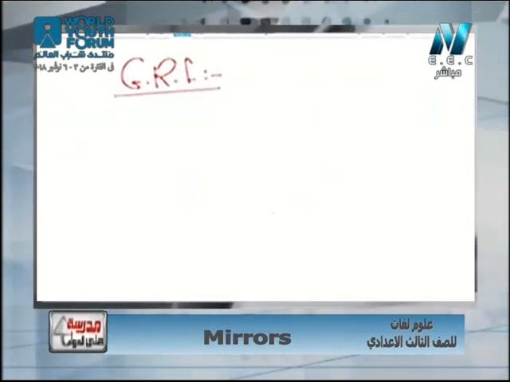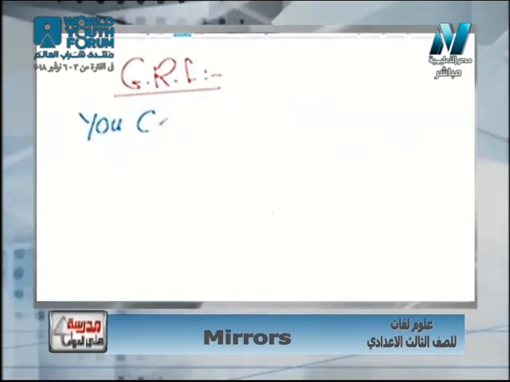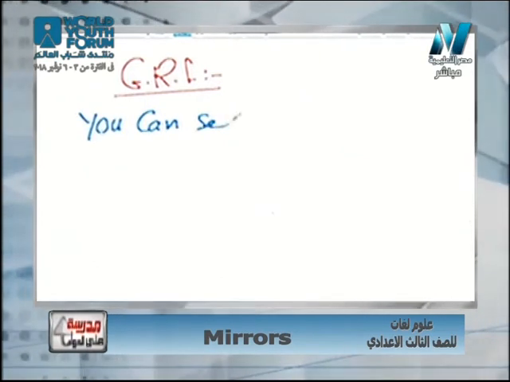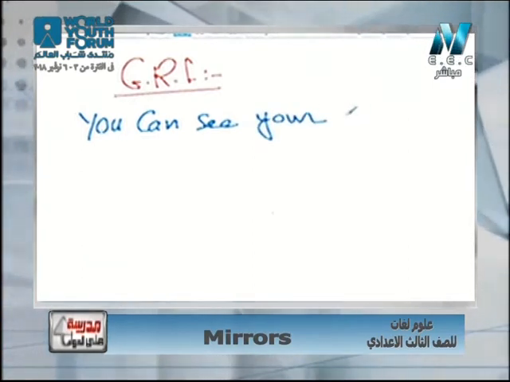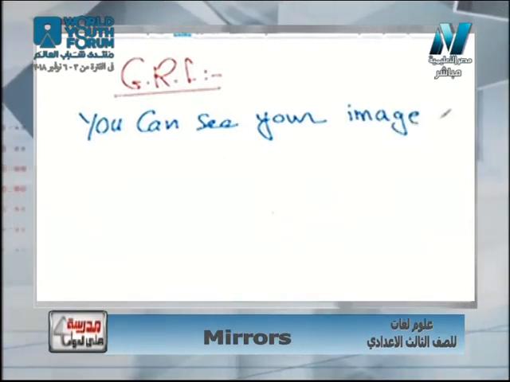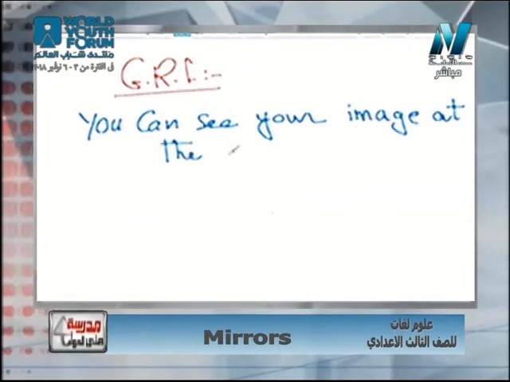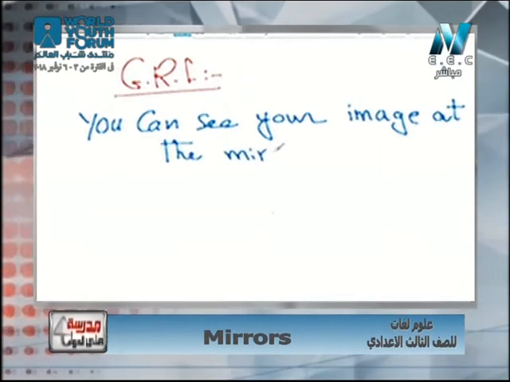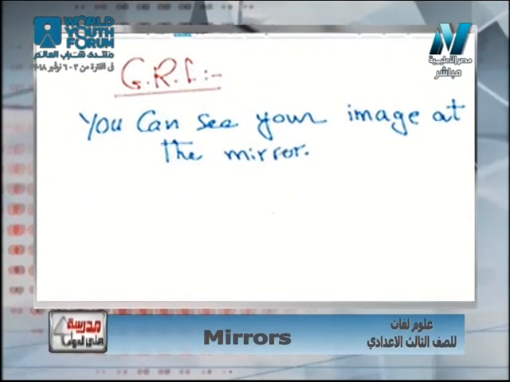Give reason for: you can see your image at the mirror. أنا بقدر أشوف my or your image at the mirror, بشوف لي صورتي في المراية, or at the surface of water for example.